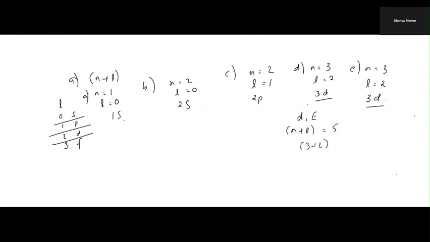So both of them will have the same energy. And we know that all the d orbitals have the same energy, and all the p orbitals will have the same energy. So clearly D and E are our answer.